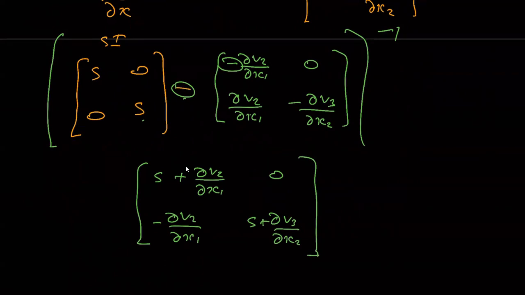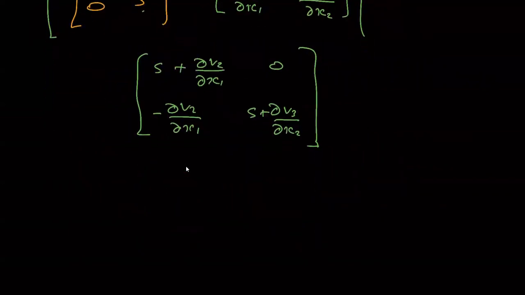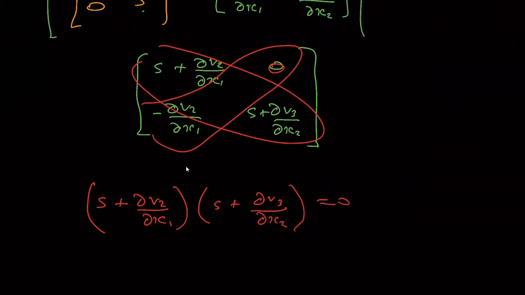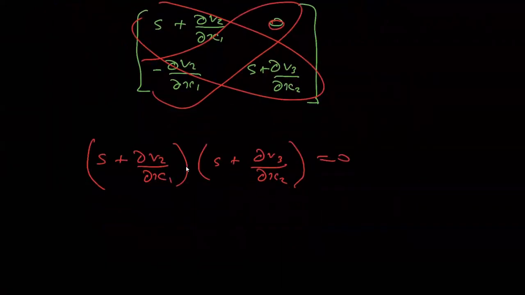The characteristic equation is the product of the main diagonal minus the product of the off diagonal, and the off diagonal has a 0 there. So we end up with s plus dv2 dx1 times s plus dv3 dx2 equals 0. This is already factored, so it's very straightforward. The roots are minus dv2 dx1 and minus dv3 dx2.